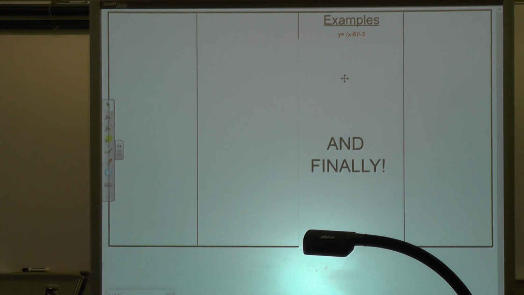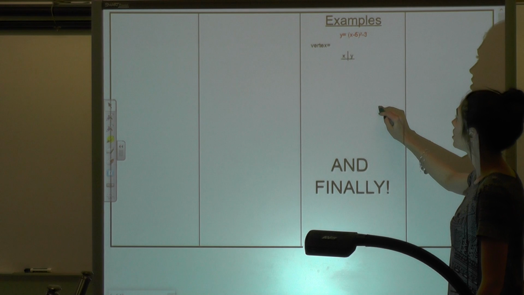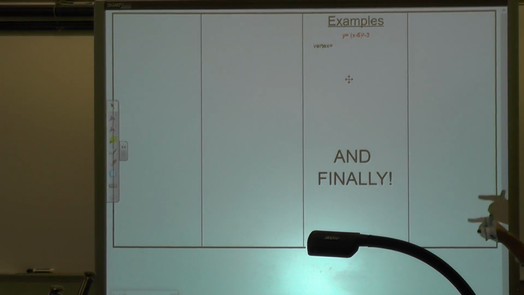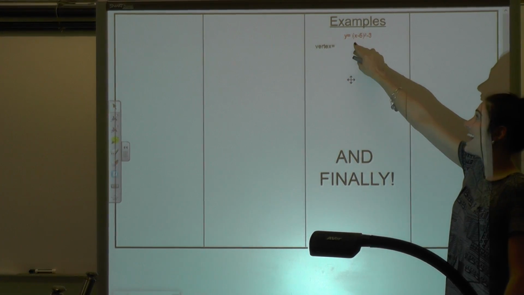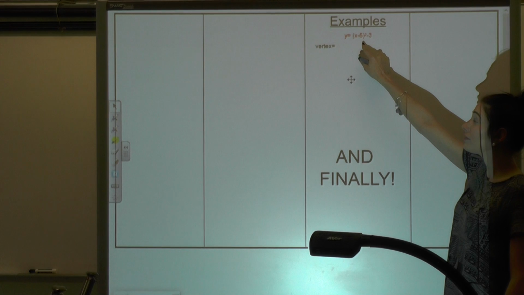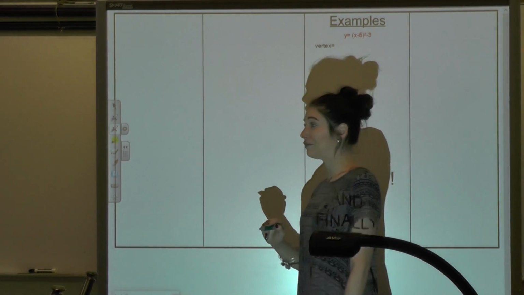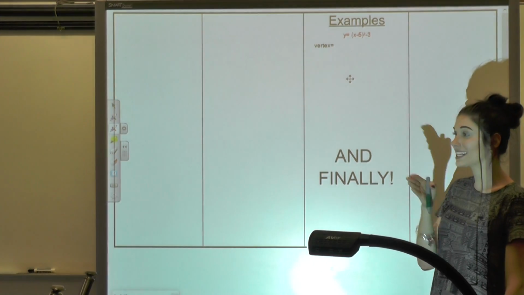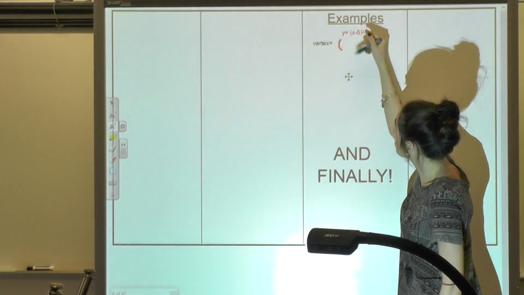The first step was to find your vertex. Your vertex is always going to be (h, k). Since your equation says x minus 5, that means your h is going to be a positive 5, because you have to flip the sign, because your formula is x minus h.